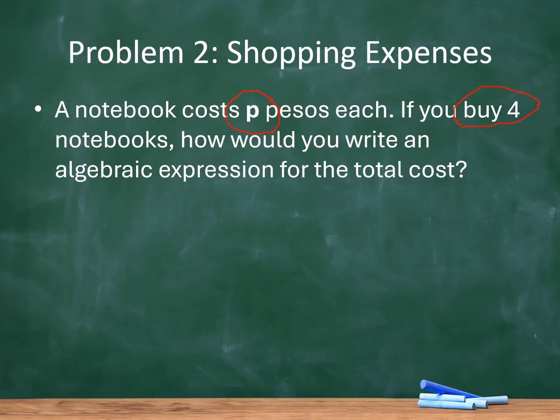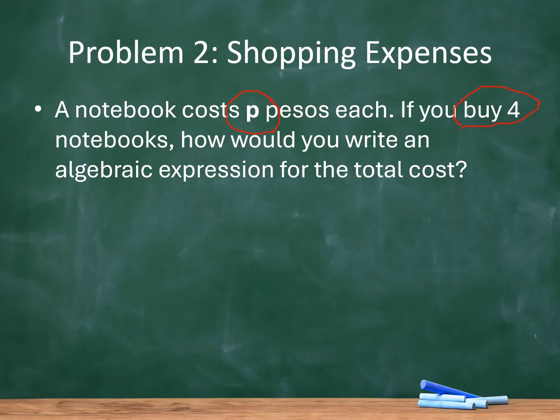Now, what operation are we going to use to represent the relationship between the price for each notebook and the number of notebooks that we bought? We will use multiplication.